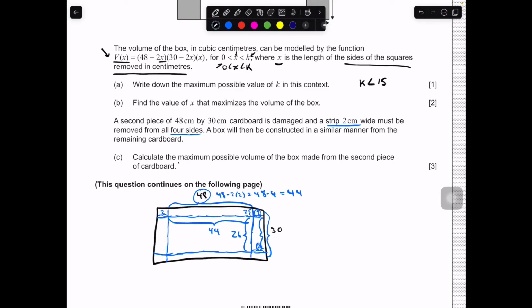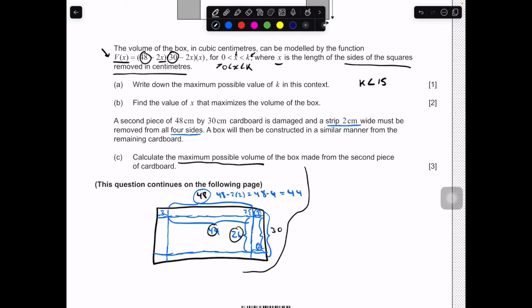Now calculate the maximum possible volume of the box. We already have a situation where we relate volume to the size of the cutouts. So let's actually just draw from that. This 48 was related to our original dimensions, and this 30 was related to our original dimensions as well. If we fold this up, we're going to get a box with a base of 44 by 26.